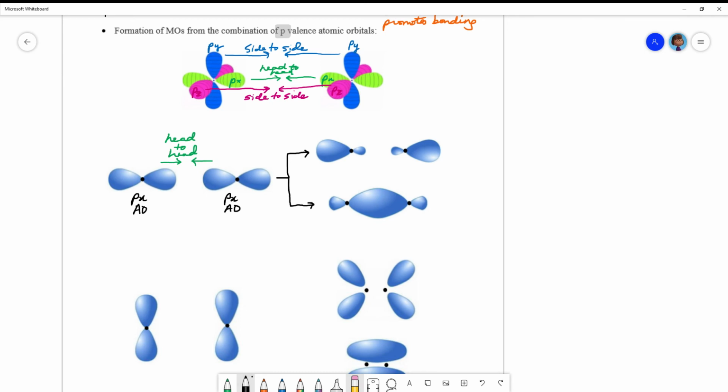From the constructive interference, positive, we get a more stable, lower energy bonding molecular orbital. And from the destructive combination, we get a higher energy antibonding molecular orbital. Once again, this axis here is an axis of potential energy.